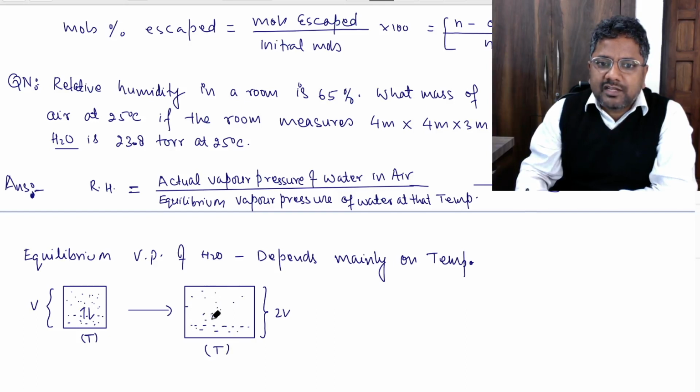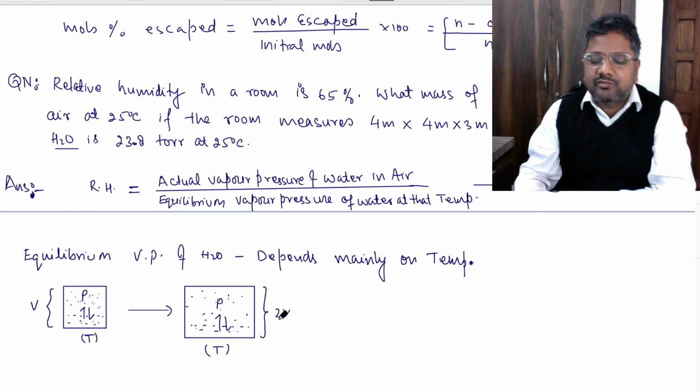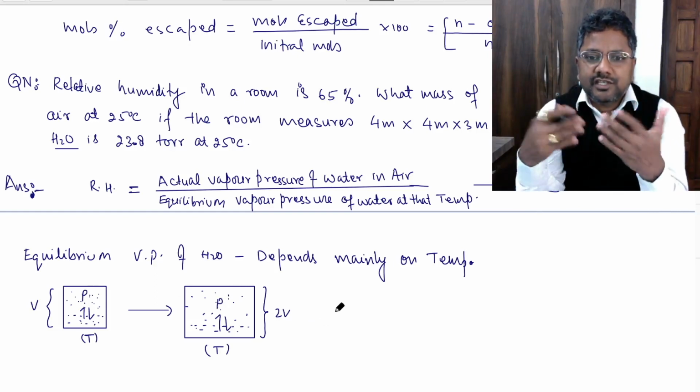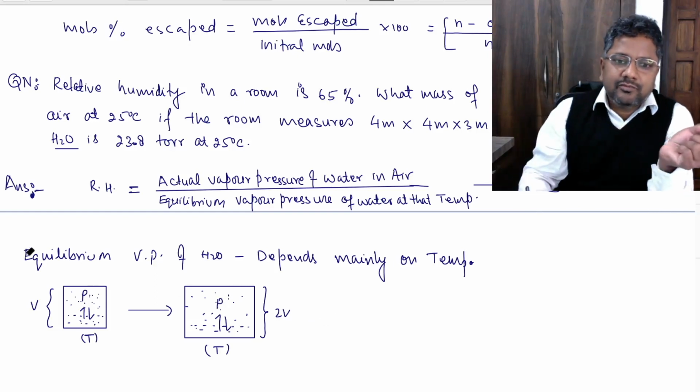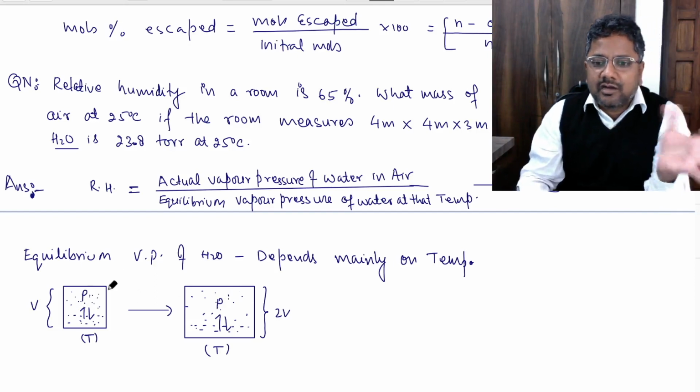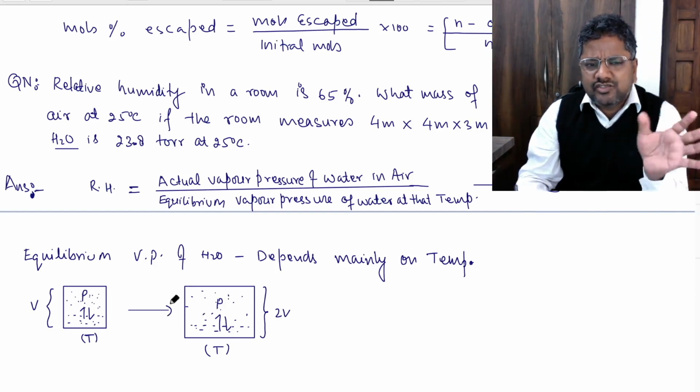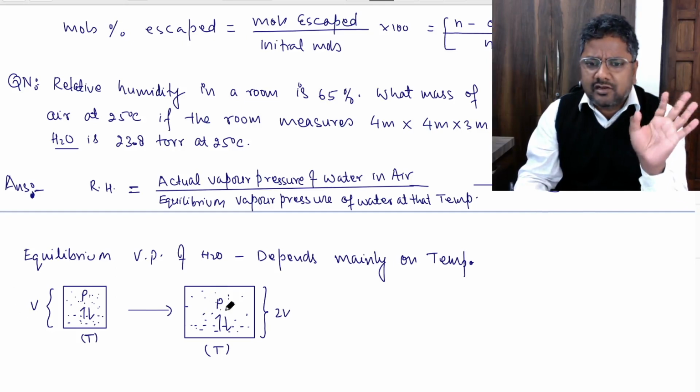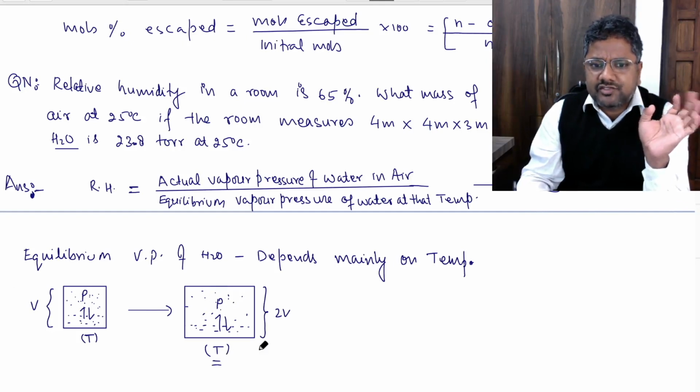The vapor pressure, suppose it is P here, is also P there. If you change the volume, or put some gas in from outside, there is no change in this equilibrium pressure. It is always constant at a given temperature.